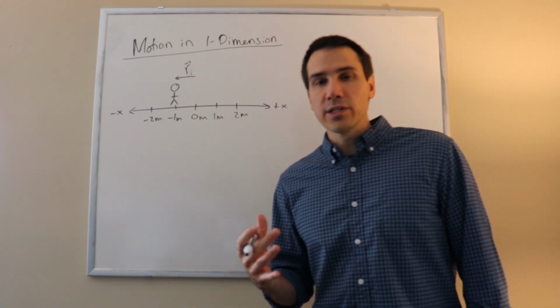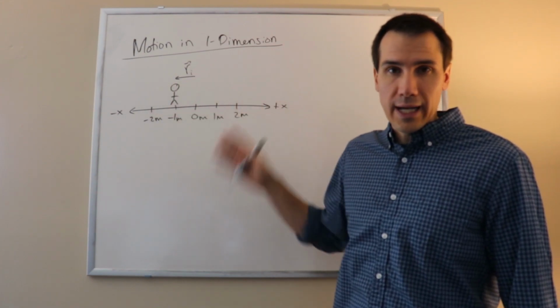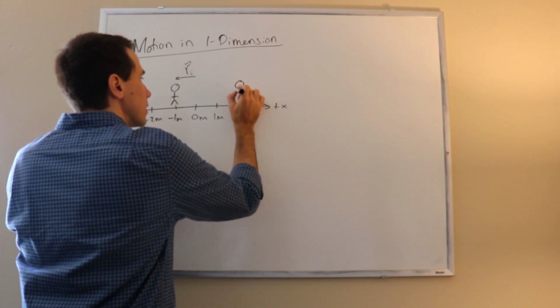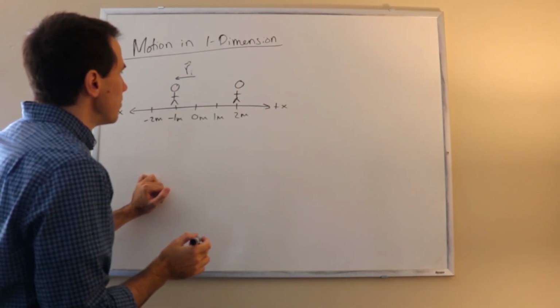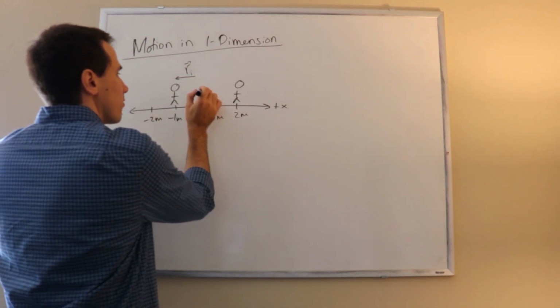Now let's say that we want to allow our person here to move along our axis. So let's say that at some later time, they are here. So this is my final position.